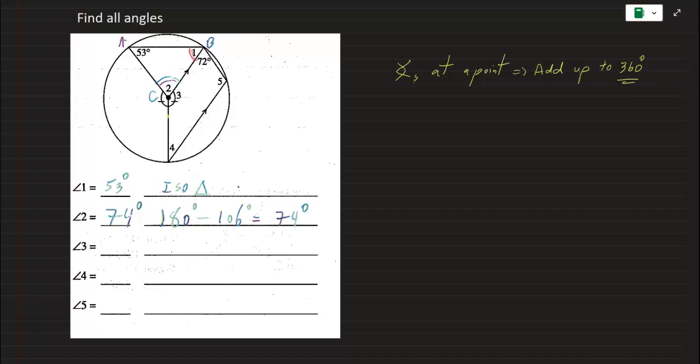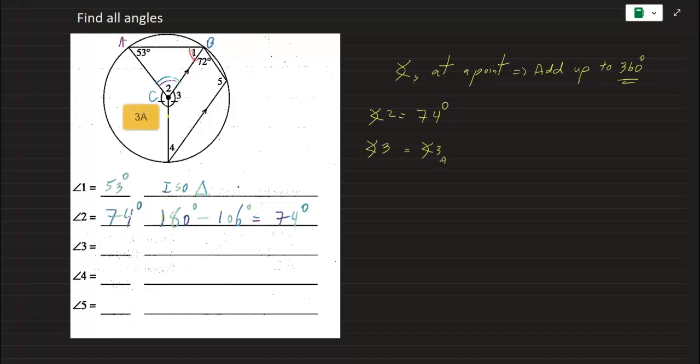We know that two of the angles are the same, and we already have the measure of angle 2. So angle 2 is equal to 74 degrees, and angle 3 is equal to the other angle 3 on the other side. In this case, we can call it angle 3A if you want to.